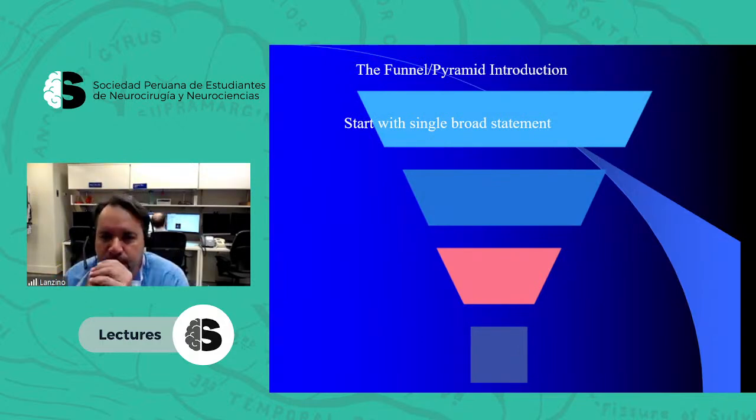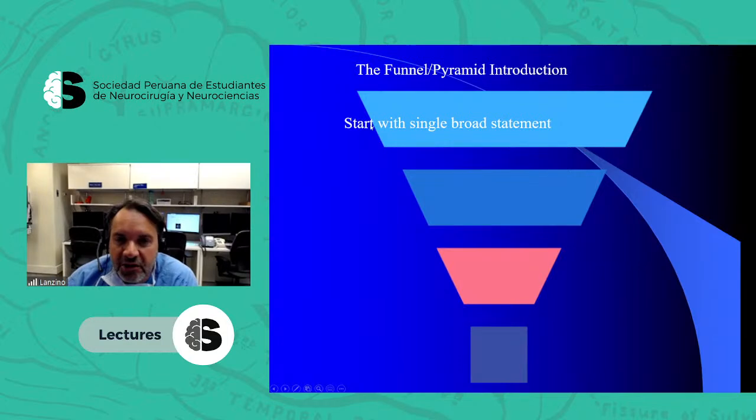Remember, a mistake that people often make is that the introduction is not meant to be a review of the literature. In the introduction, you are not supposed to provide an extensive review of the literature, but basically state the purpose of your work. So the structure is that of a funnel.